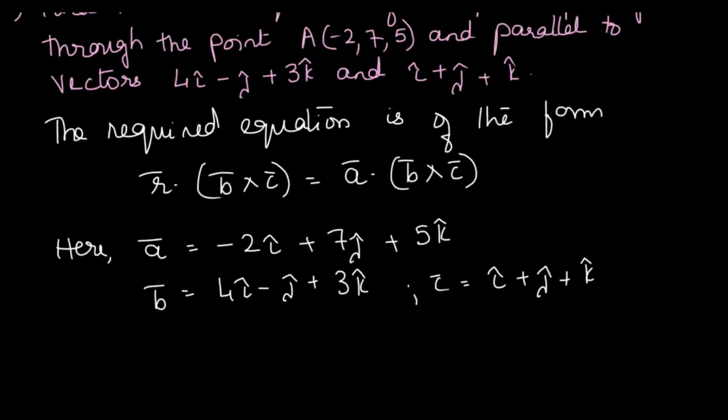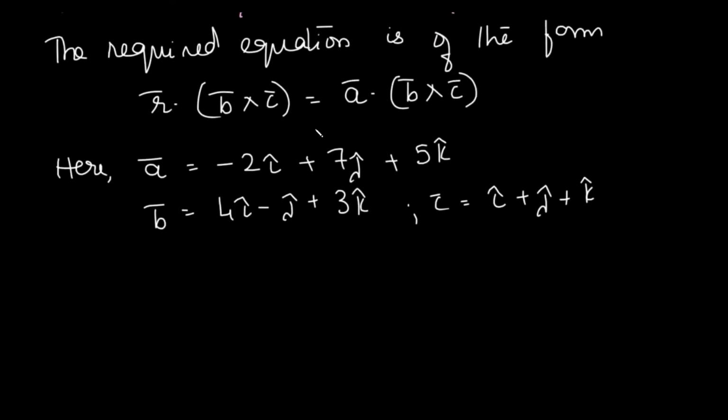Looking at the required equation, we require B cross C. We find it as usual by drawing the determinant with rows i, j, k; 4, minus 1, 3; and 1, 1, 1.